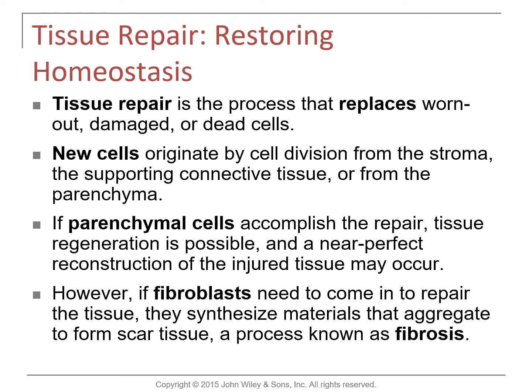However, in tissues that are made up of more specialized cells that are less regenerative, or in cases where the wound or injury is larger, fibroblasts, connective tissue cells, migrate into the area and participate in repair by synthesizing collagen that aggregates to form scar tissue in a process known as fibrosis.